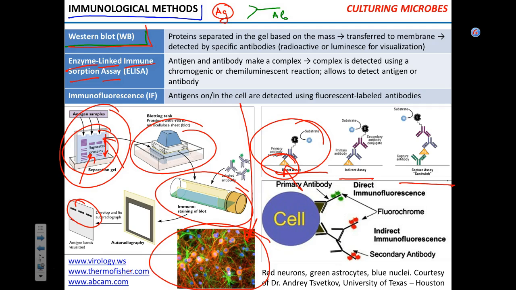Green cells are astrocytes. Red cells are neurons, and blue dots are nuclei of the cells. You can see all three colors using the microscope at the same time.